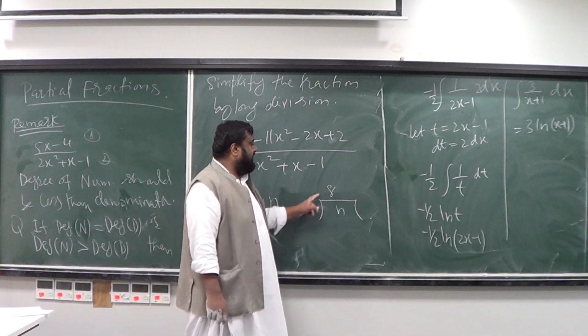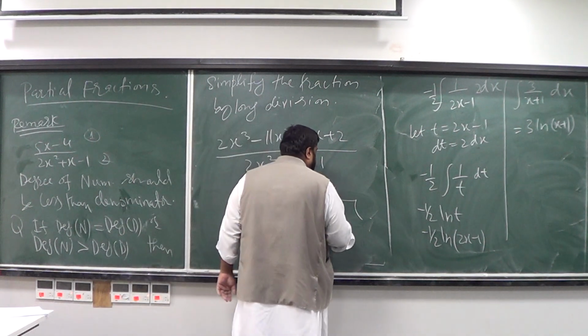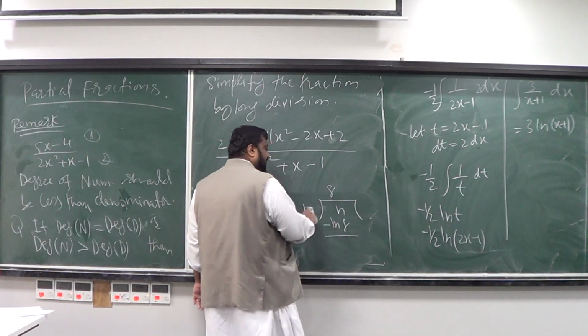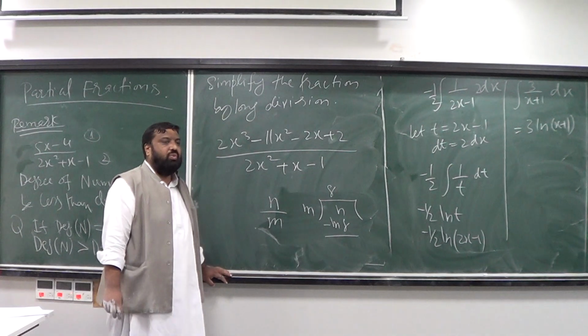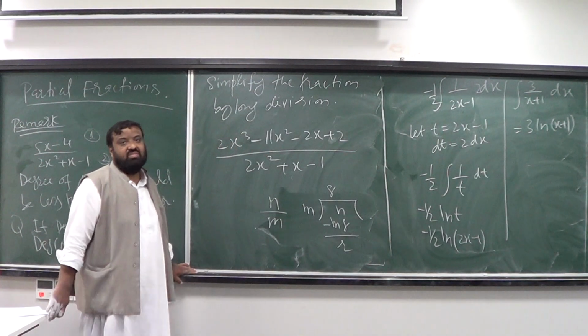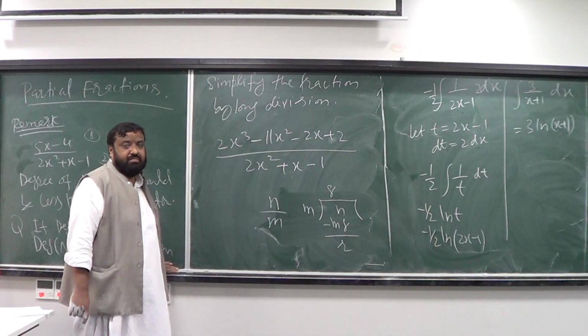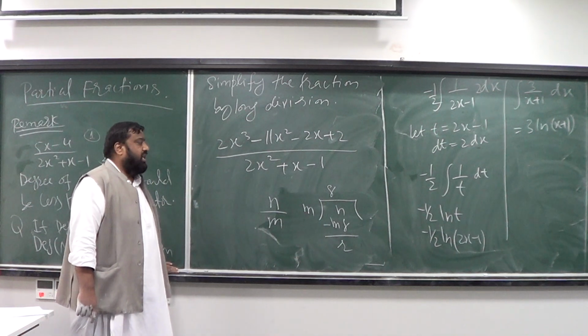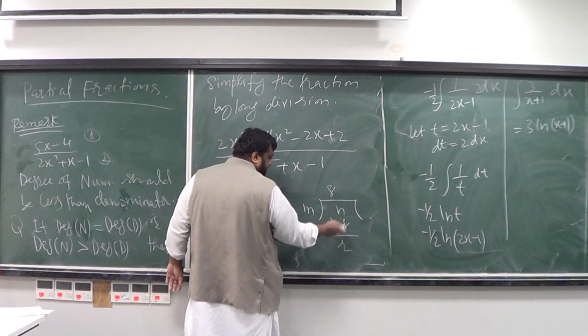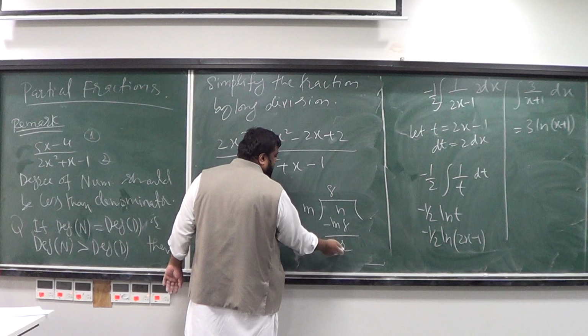I can multiply this m with q and I get mq, and then subtract mq from n and you get some remainder r.